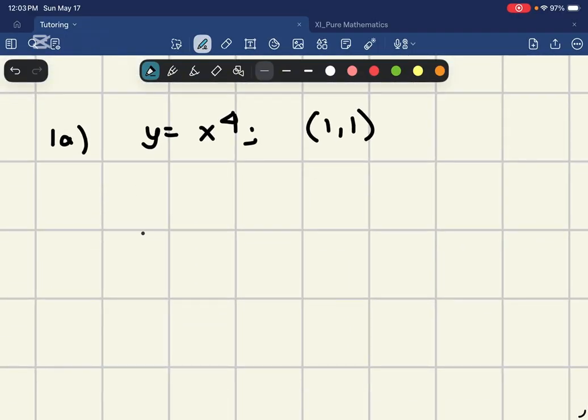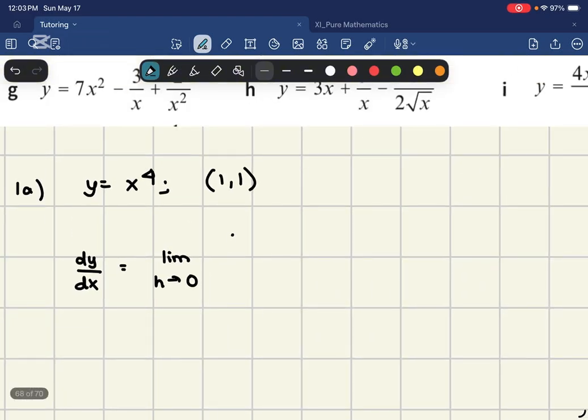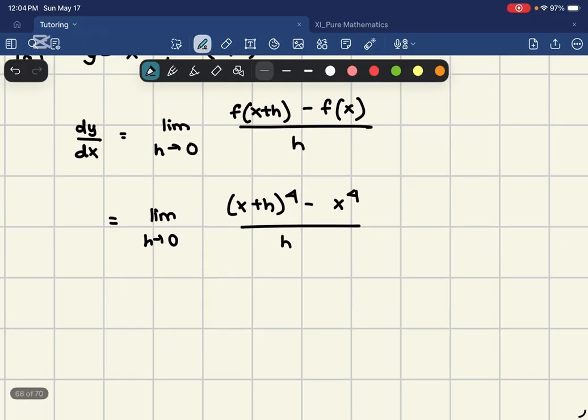All right. So using the definition of the limit, dy by dx, if I differentiate, has to be limit as h tends to 0, right? Then I have f of x plus h minus f of x divided by h. All right, so limit as h tends to 0, x plus h to the power 4 minus x to the power 4 divided by h.